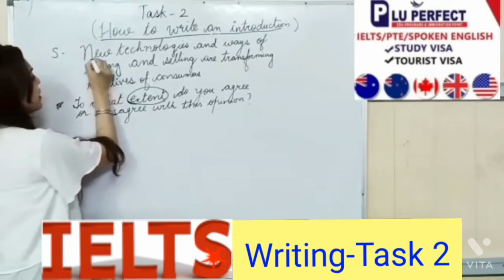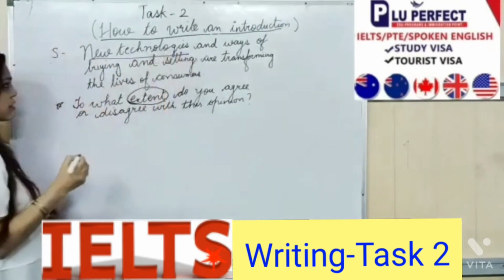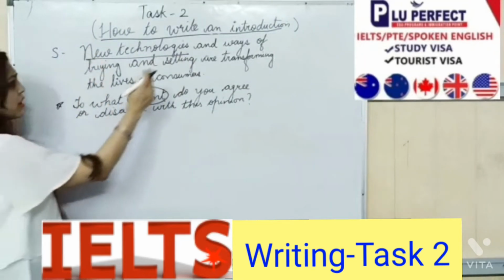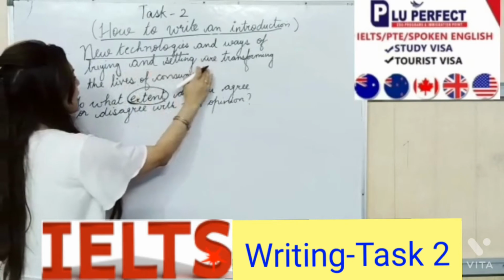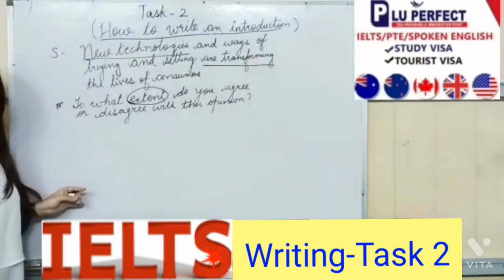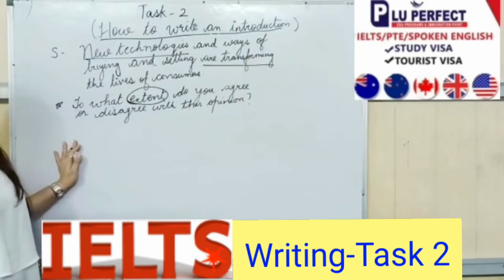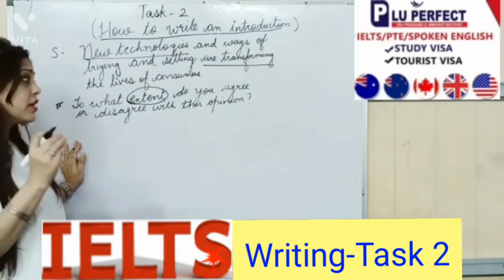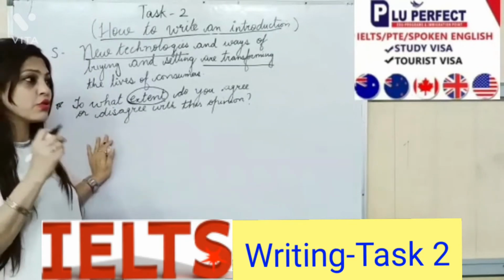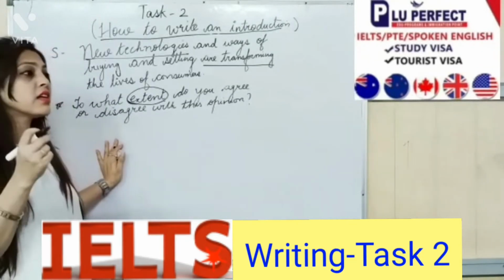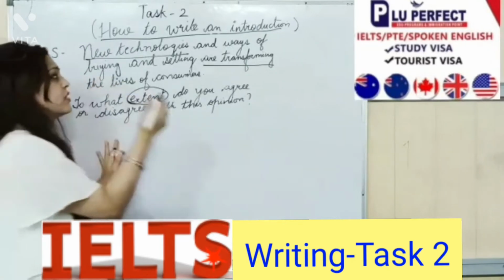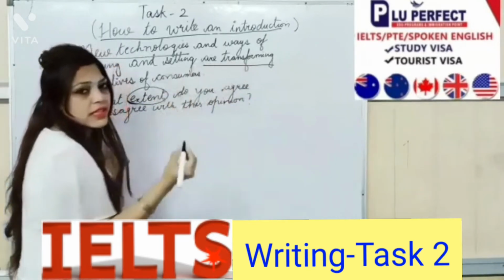So, the words new technologies and ways of buying and selling are transforming. This is present continuous tense. For present continuous tense, you can start like this, though it's not a thumb rule that you should always start like this, but this is one of the ways through which you can start your introduction if the statement is in present tense.